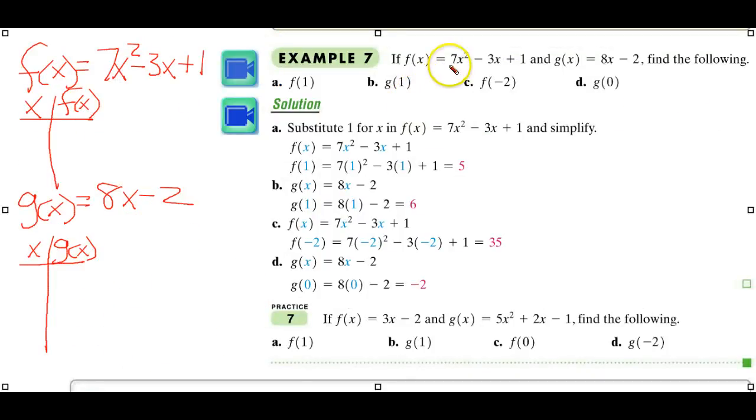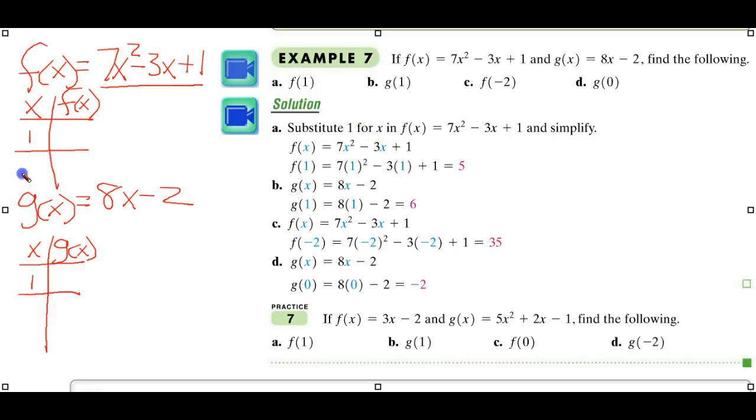So a strategy when you see things like example 7, where they're giving you this quadratic expression, that is x to the second power, and they're giving you various values here. So for f, that would be a 1 that would go over there. For b, they're giving us a g value, which is a 1 over there.